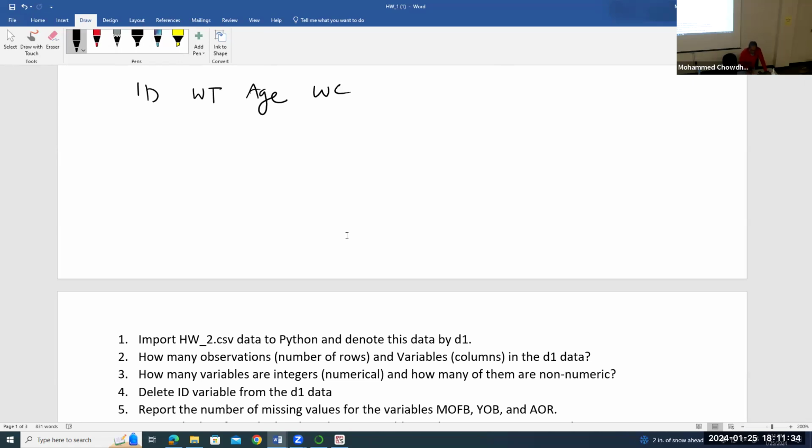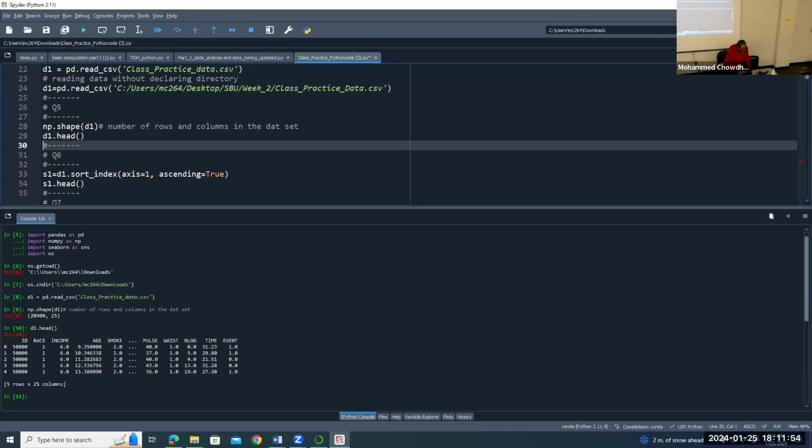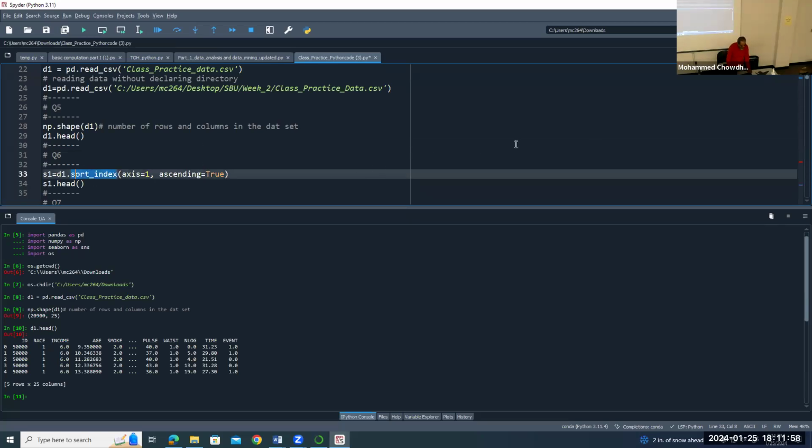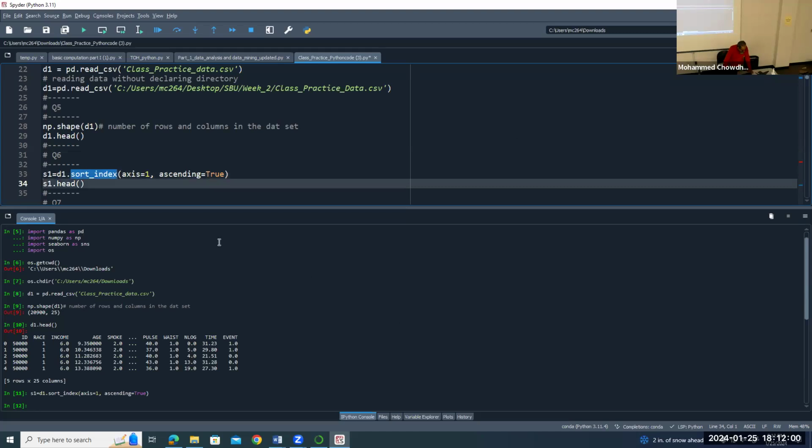But you want to order them in alphabetical order. You want to put age first, then ID second, then WC third, then WT fourth. So that means variable names should be in alphabetical order instead of a random order. How can you do that in the data? Question number 6 is asking you to do that.